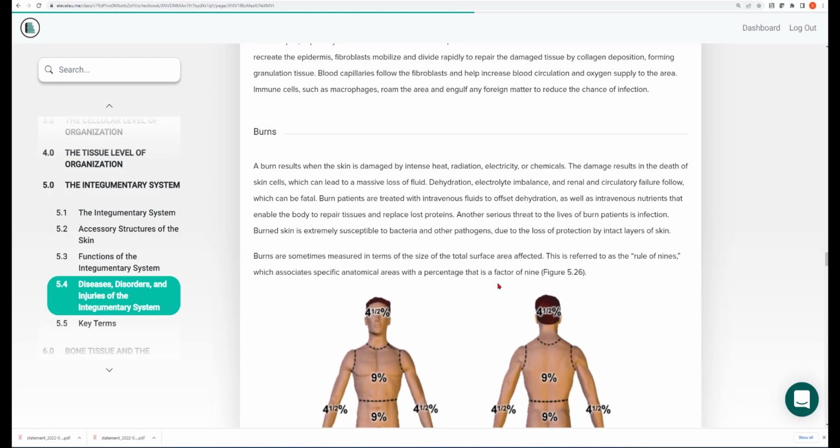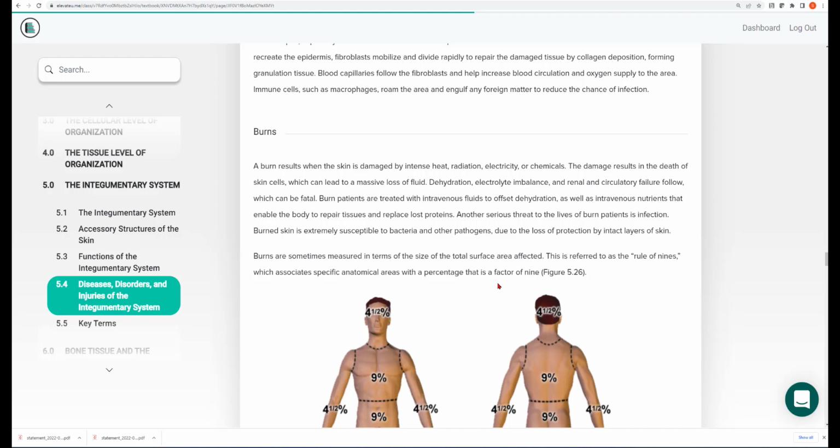Burns can be the result of heat, right? Radiation from the sun, sunburn, but it can also be more significant electrical burn or chemical burns. When there is a death of skin cells, there's all sorts of things that go on that can follow, and burns can actually cause death if there is a large enough region of the body that is covered by this.